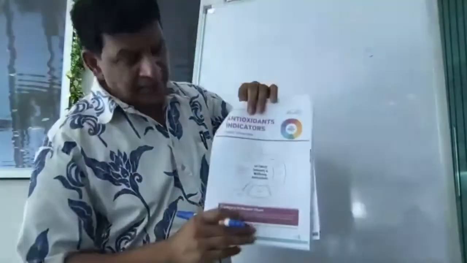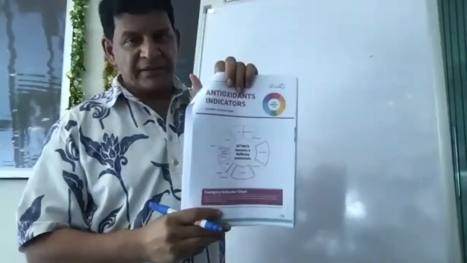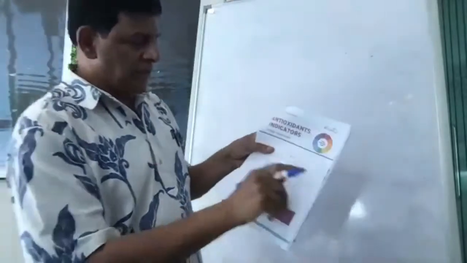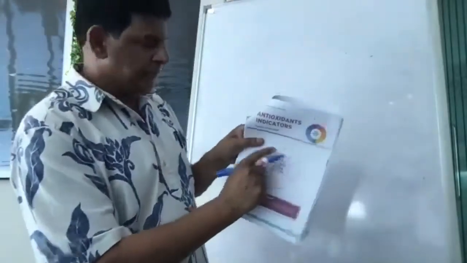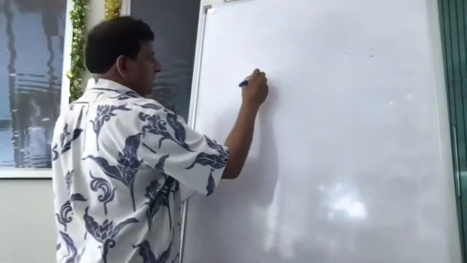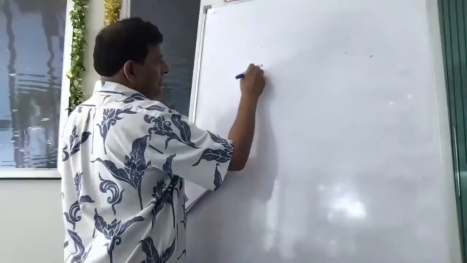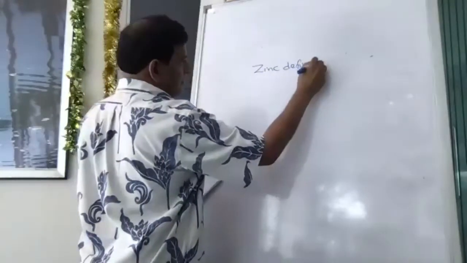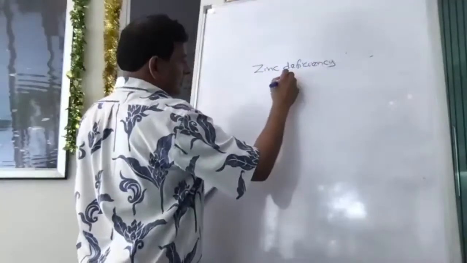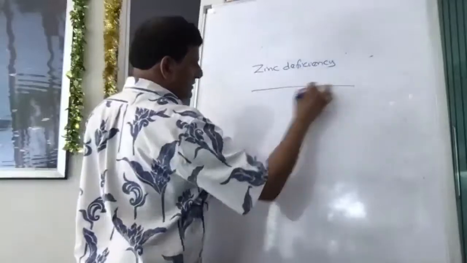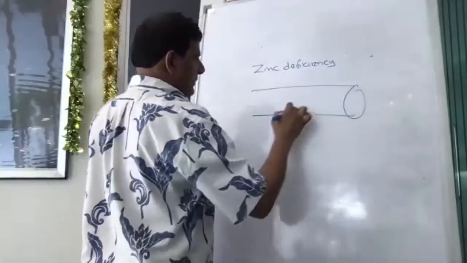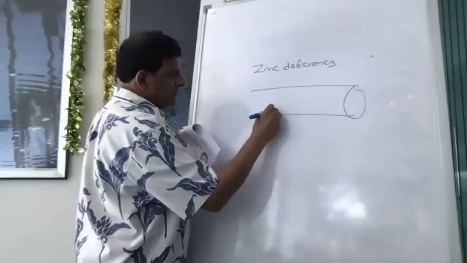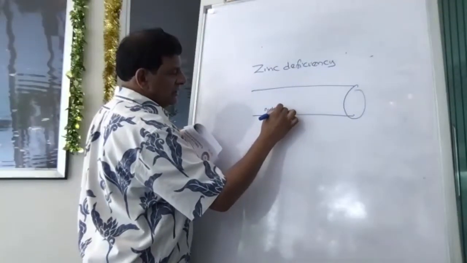Is the antioxidant page. This page is very interesting. Okay, I'll make it very simple. Let's say you have a zinc deficiency. And let's say this is your intestines. And zinc, we can get it from nuts, seafood.